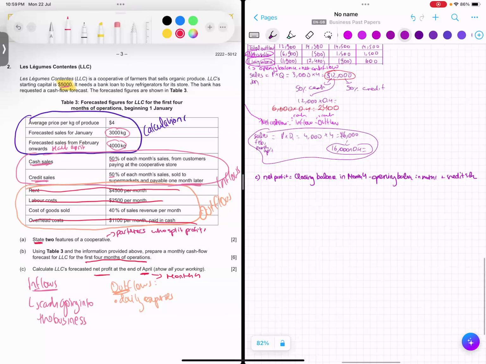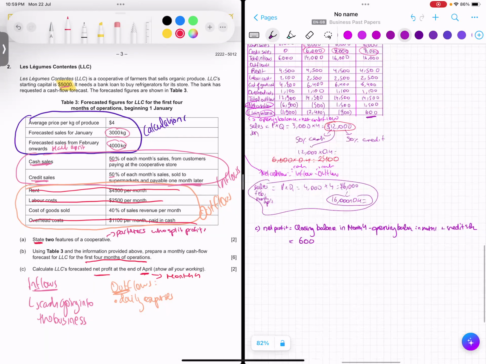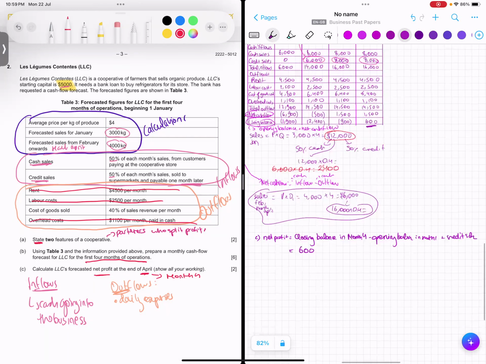So in this case, we know our closing balance is 600, because we have it right here. And then you have our opening balance in month 1. They actually gave it to us here, and we can see it here as well.